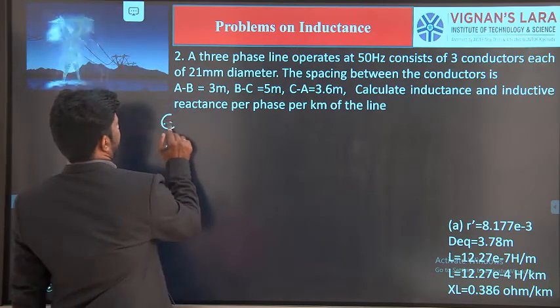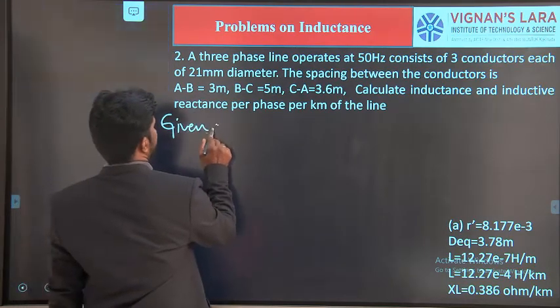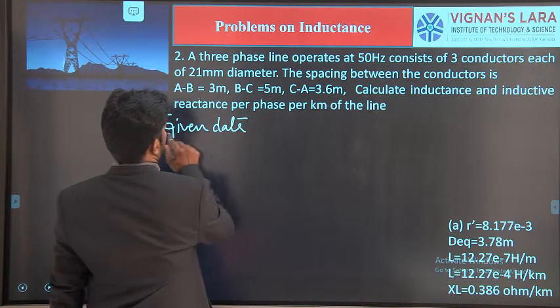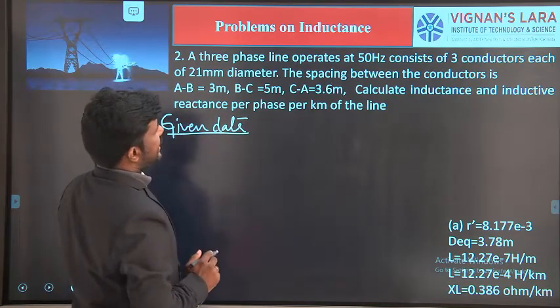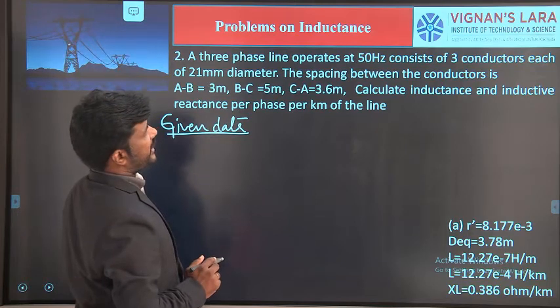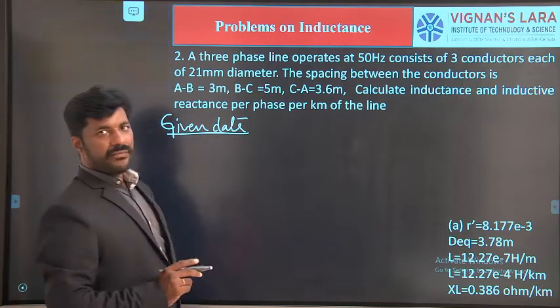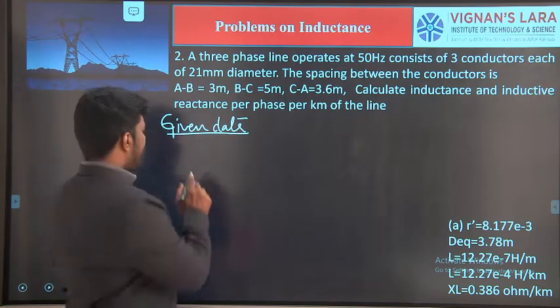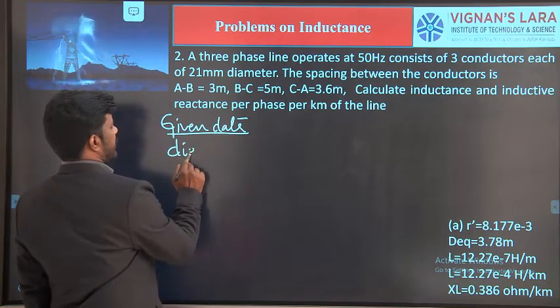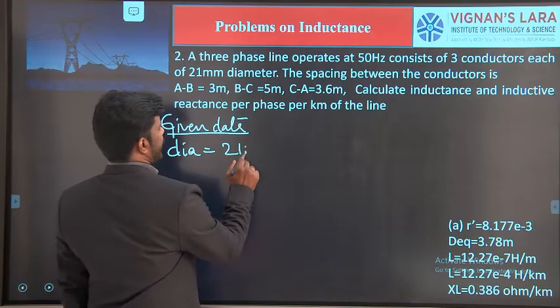Given data. What is given data? If you check it, it is a 3-phase line operating at a frequency of 50 Hz consisting of 3 conductors, each of 21 mm diameter. So the diameter of each conductor was given, which is equal to 21 mm.